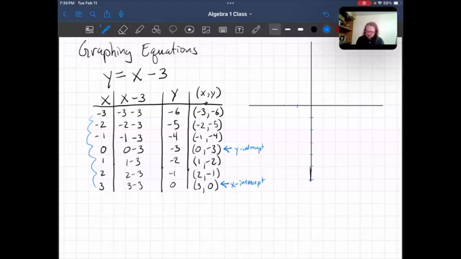And my x value is negative 3. And I need to come down 1, 2, 3, 4, 5, 6. Way down here. And then for -2, my y value is -5. 1, 2, 3, 4, 5. Way down here. And for -1, got 1, 2, 3, 4.